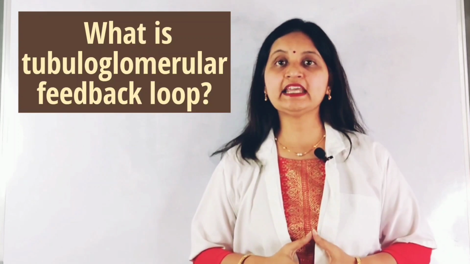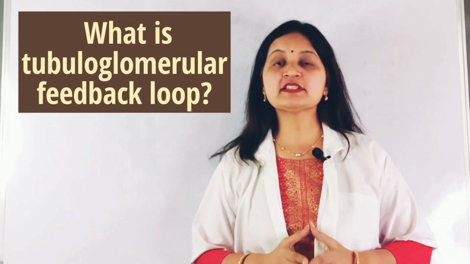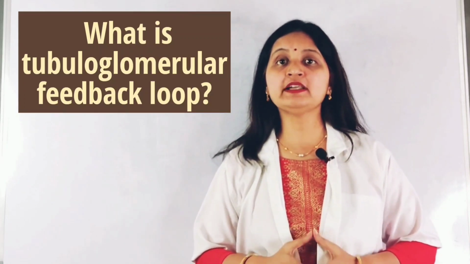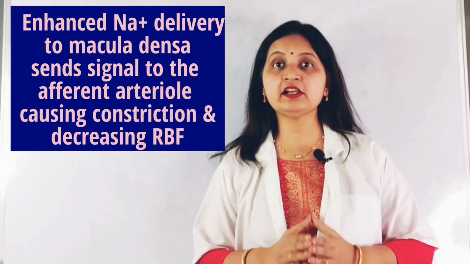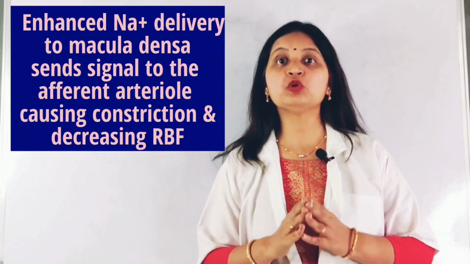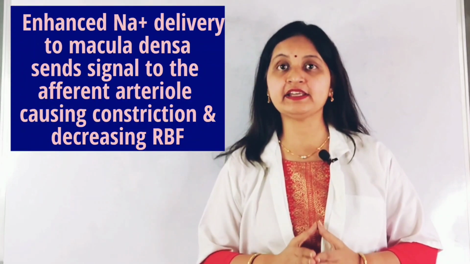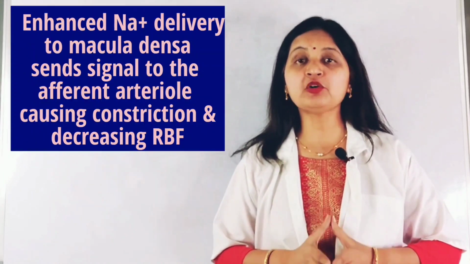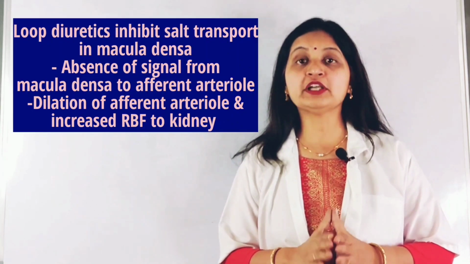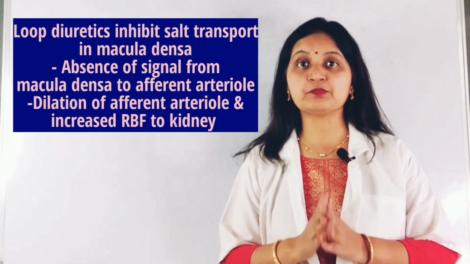The solutes that leave the loop of Henle reach the distal tubule. The macula densa of the distal tubule senses the sodium and sends a signal to the afferent arteriole to constrict and decrease the renal blood flow. The loop diuretics can inhibit the salt transport in the macula densa, so the macula densa is no longer able to detect or sense the sodium in urine, and so the tubular-glomerular feedback is blocked.